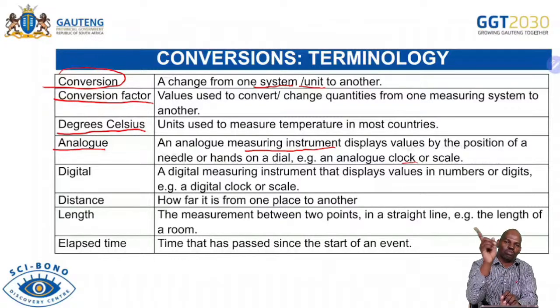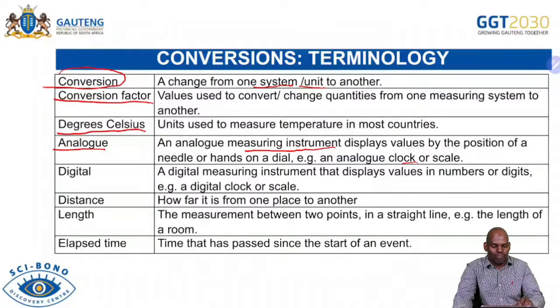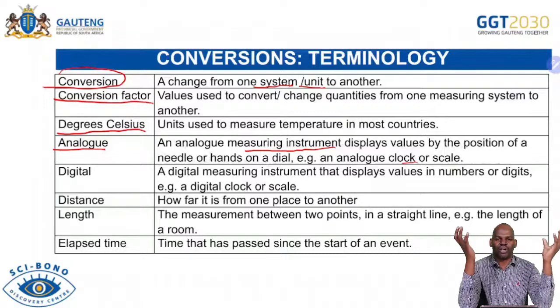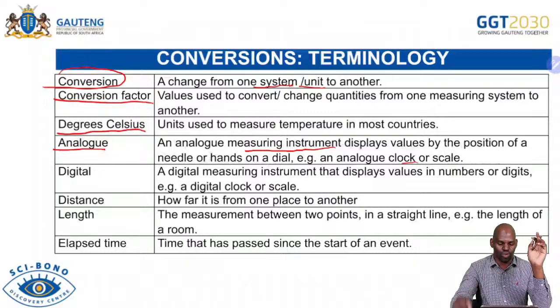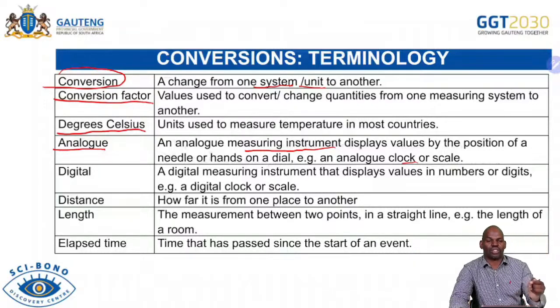The needles that are moving there are actually indicating time. So in simple terms, we can say an analog is a measuring instrument that displays values by position of a needle or hands on a dial. Like I said, if you get a long definition where there's an or, just avoid using it, but in this case, it's just to indicate that you've got an option.